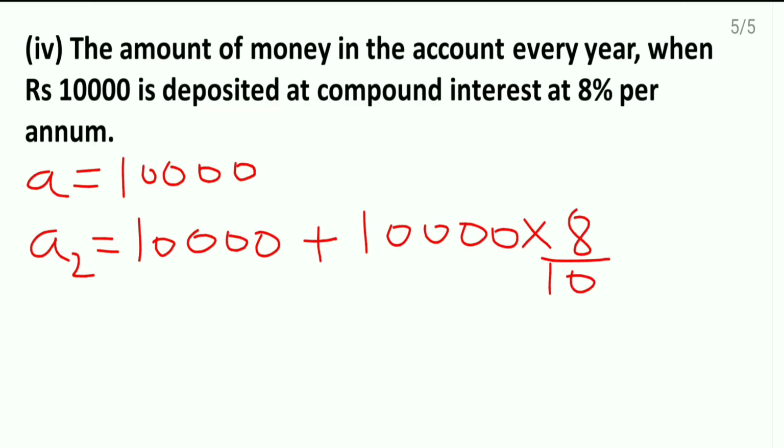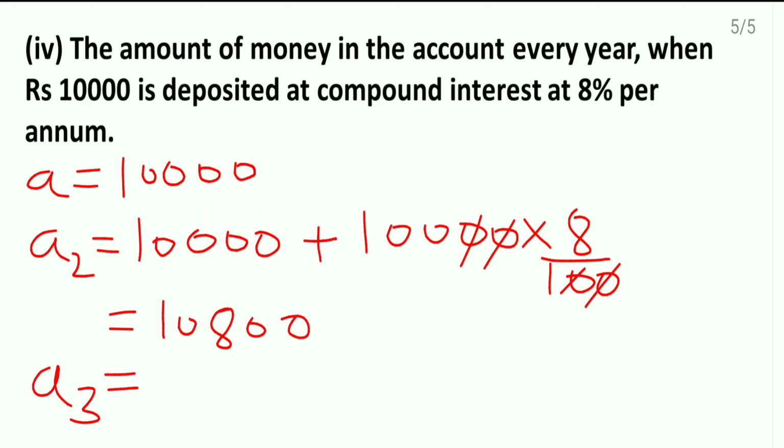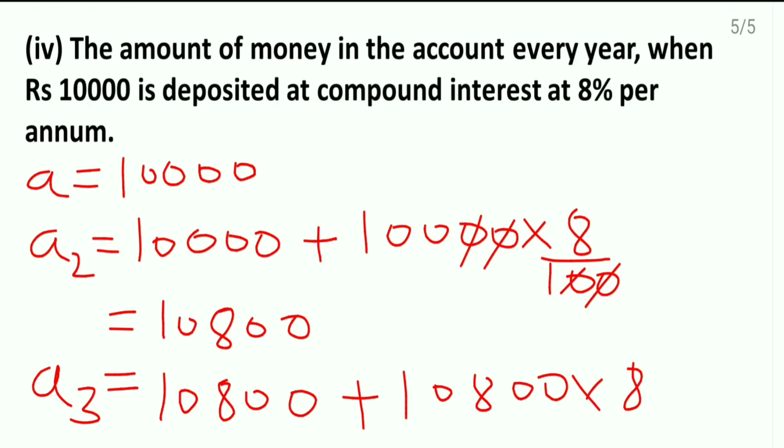So I'll remove the zeros from here. So it will become 10,800, right? Now for another year, on this 10,800, once again we have to calculate 8%. So 10,800 rupees are there. Onto that one I will calculate 8%.